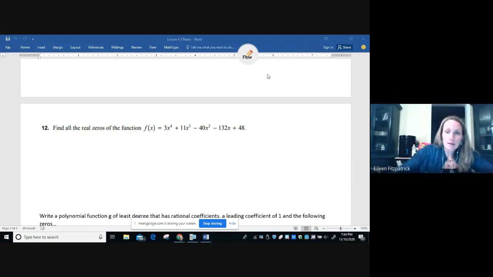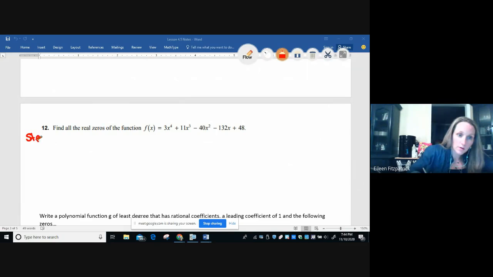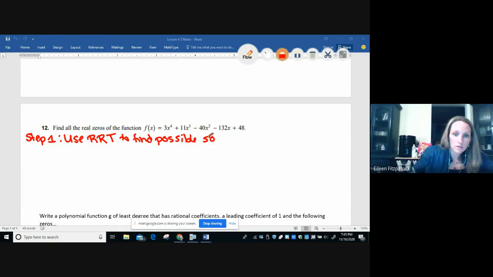So the first step for this problem is to find the possible solutions. So step 1, use the rational roots theorem, RRT, to find possible solutions. All right, so that's that whole P over Q thing, the factors of the constant.